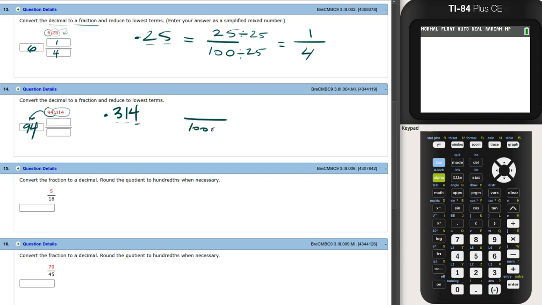So this is going to be some number of thousandths. And which number? Of course it's 314 thousandths. So we're literally just taking this number, putting it on top, and then the bottom we are making based on which place the last number was in. So the 4 is in the thousandths place, so it goes 314 thousandths. And then we just have to carry on reducing this one.